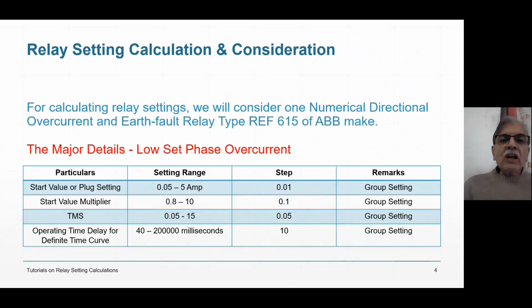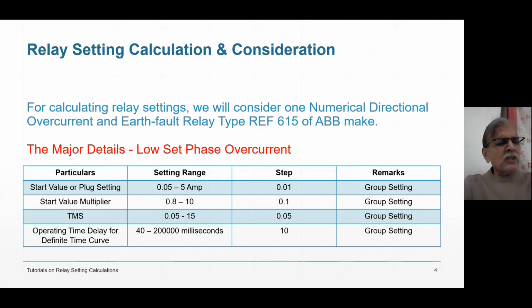So, plug setting calculations and considerations. For calculating relay settings, we will consider one numerical directional overcurrent and earth fault relay, because we have to consider some basis, right? So we are here considering REF 615 of ABB make, right?